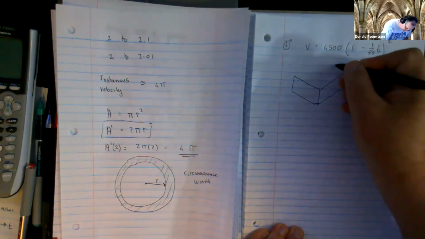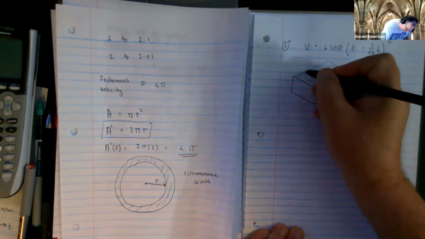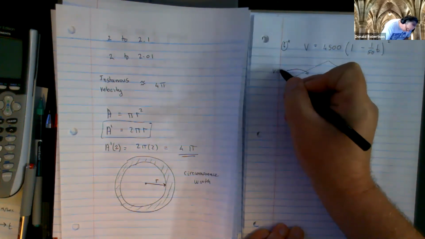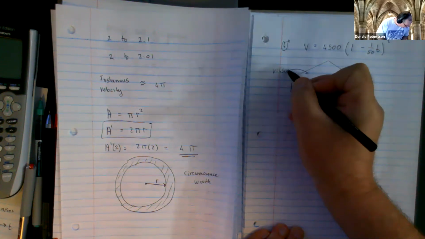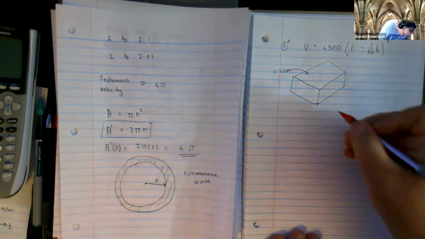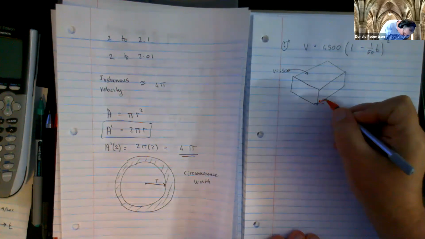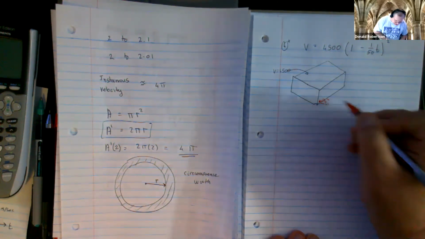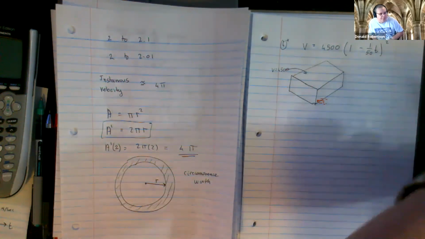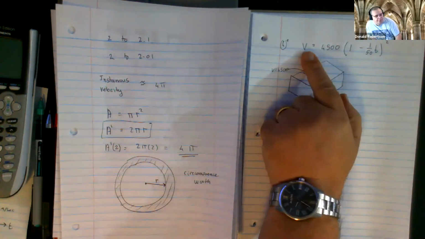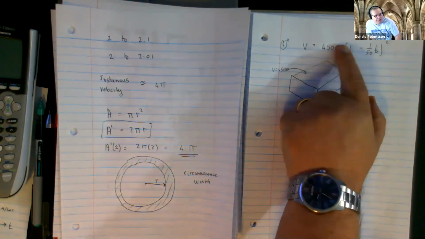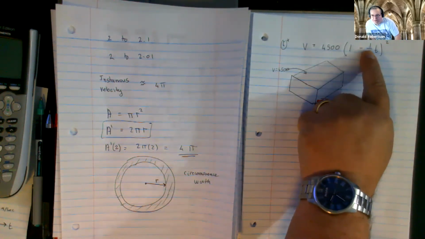Full tank. Full to the brim. And its volume was 4,500 gallons. But there's a leak. And it's losing liquid. And this formula tells us how much liquid is going to be left in the tank after t minutes.